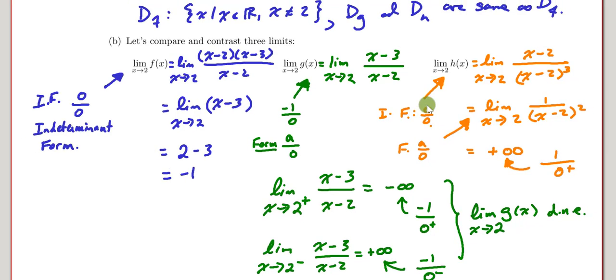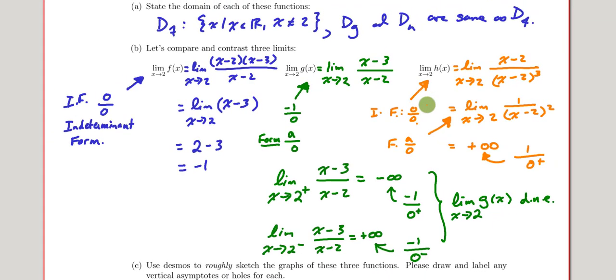The big thing that I want us to take away from this, folks, is that in the case where we had an indeterminate form like 0 over 0, we may end up with a question like what we saw in section 2.1, or we may end up with a question like we saw in section 2.4, and it just more work needs to be done.